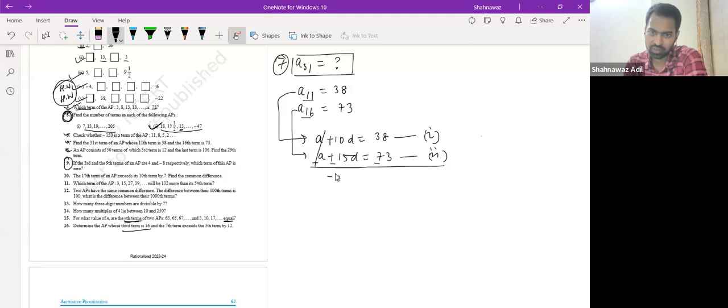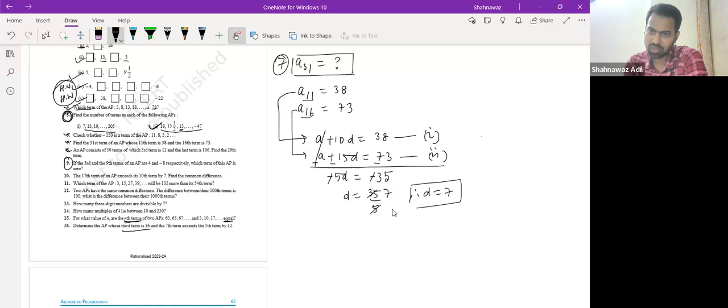Minus 5D. And 38 minus 73 is how much? 73 minus 38 is 35, and the sign is minus. So this cancels out and we have D equals 35 by 5. So D is 7.